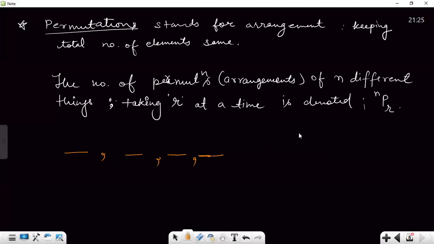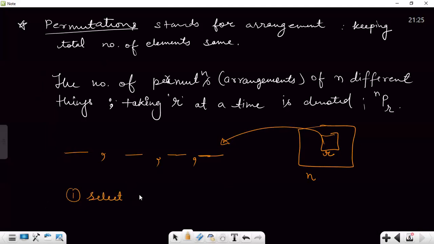So basically there are total, let's say, n elements, out of which we have to select r elements, and then we have to arrange them on r spaces. So the total number of ways that we'll be discussing in permutation will be that first we will select r elements from n elements, and that is the total element.